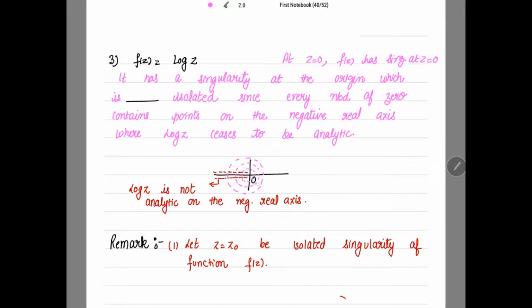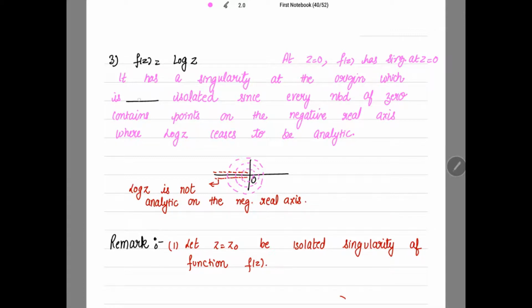It is a singularity, but it is not isolated. Right? Because for an isolated singularity, we need the function to be analytic at all the points, on the negative real axis also. But here the function ceases to be analytic at the negative real axis. So whatever neighborhood you draw for 0, the function can never be analytic at all the points of the neighborhood. So it has a singularity at the origin, which is, yes.